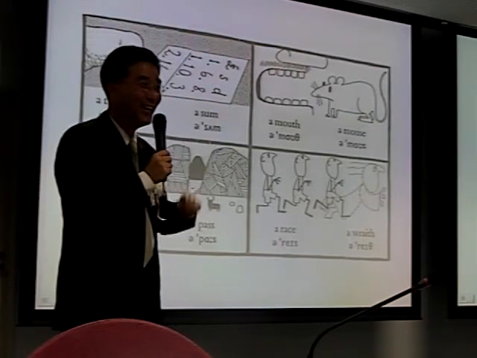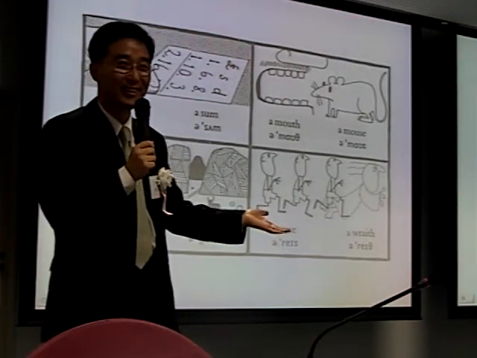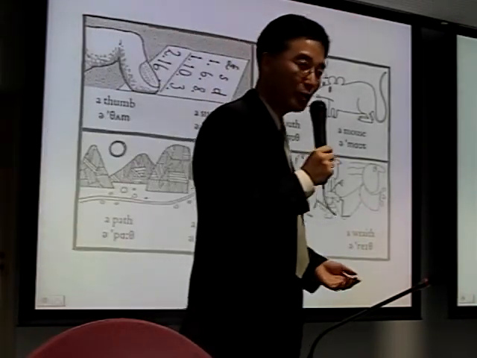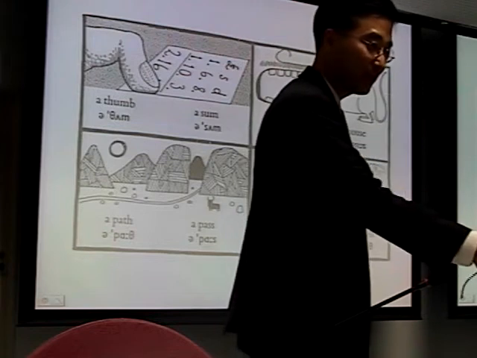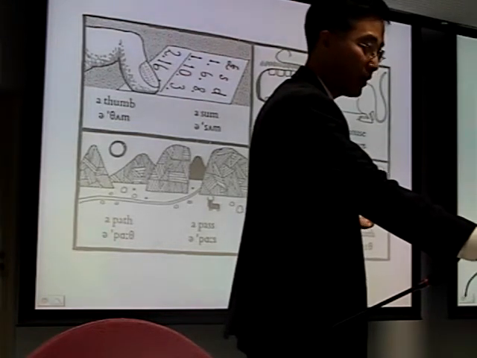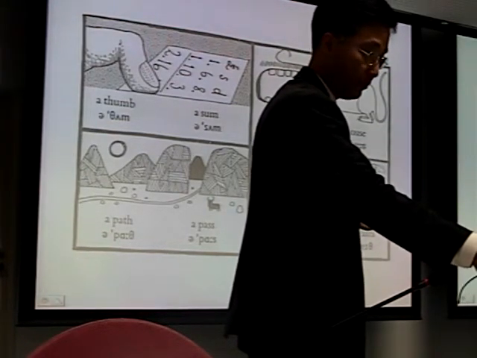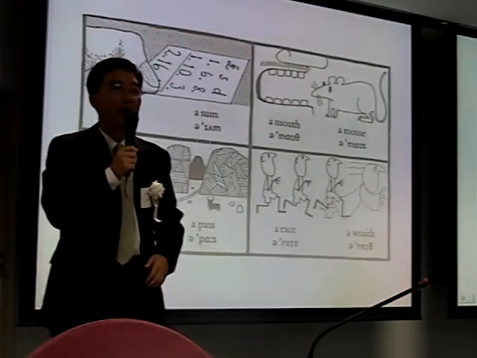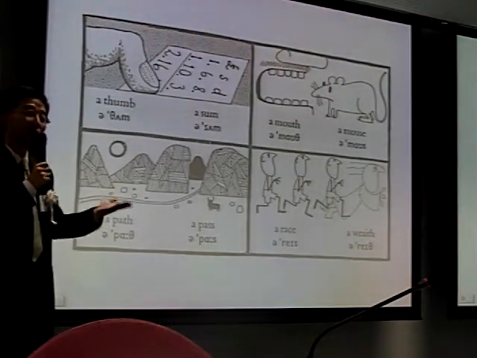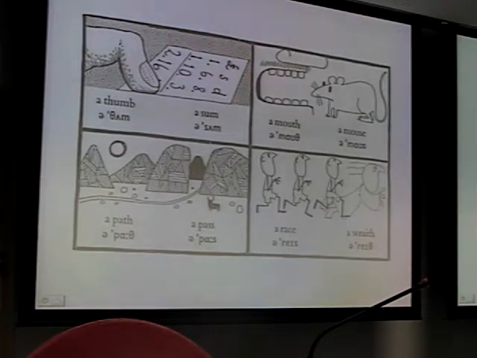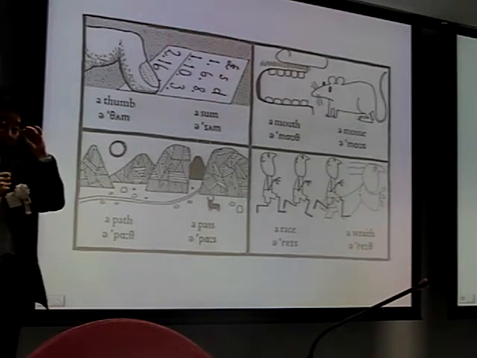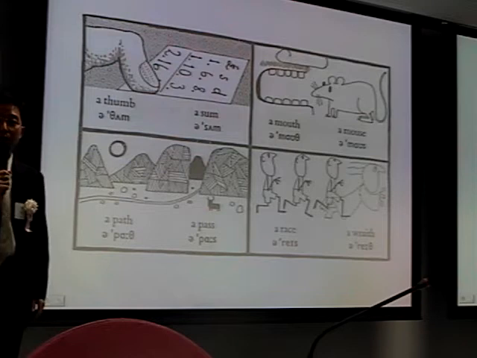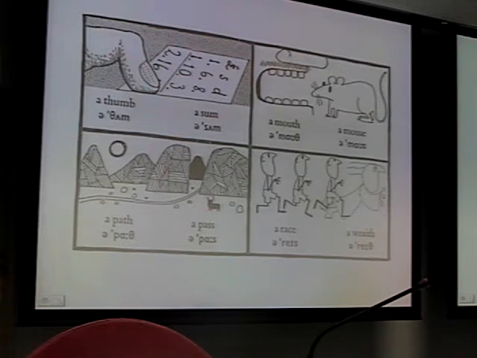Second one, path. Could you please pronounce these words? Many Koreans, some Koreans pronounce English S as a TH sound, a dental fricative. So it is very difficult to correct their pronunciation. Their problem is that they can't produce the S sound.